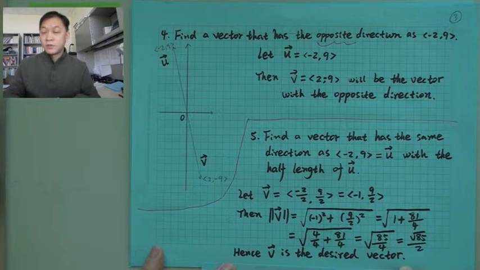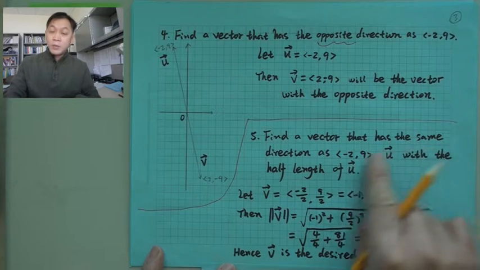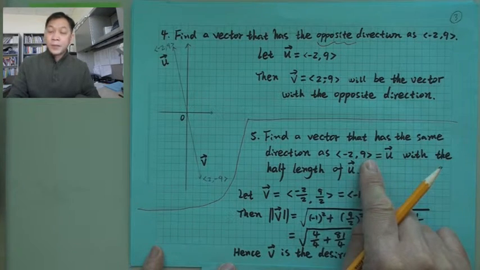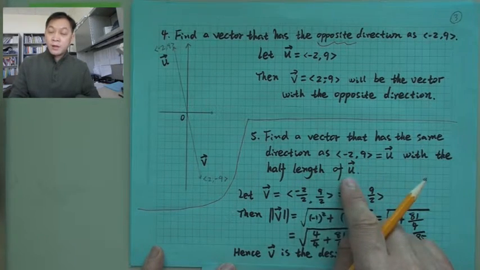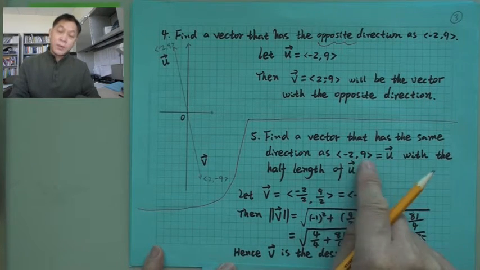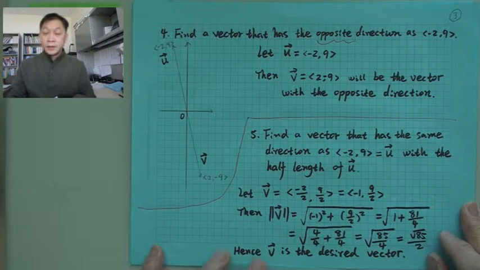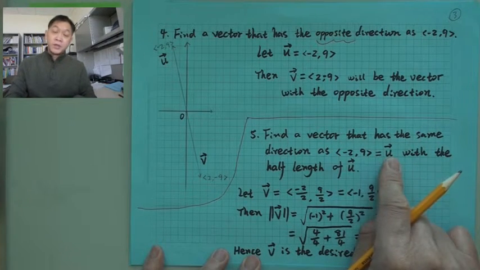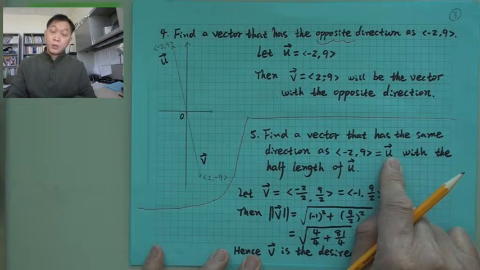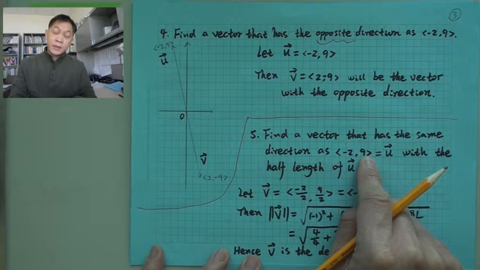So to find the vector that has the same direction as this one with half the length of u, you simply use 2 to divide both x and y. If you want to double the length, of course, it would be 2 times negative 2, 2 times 9.